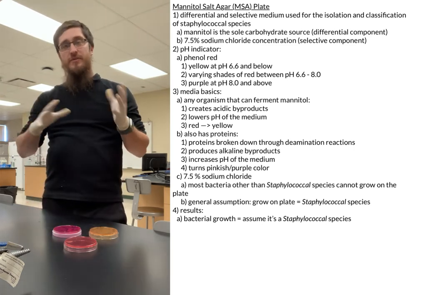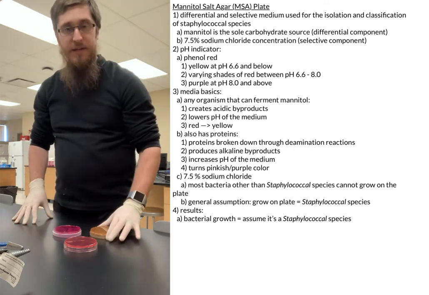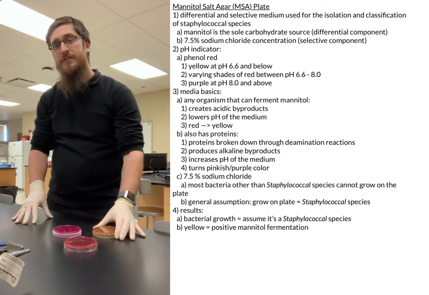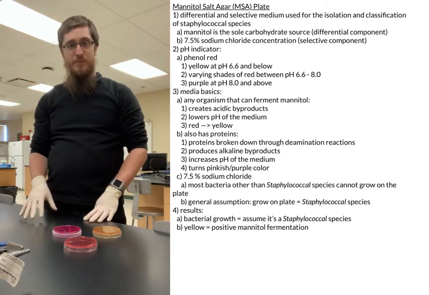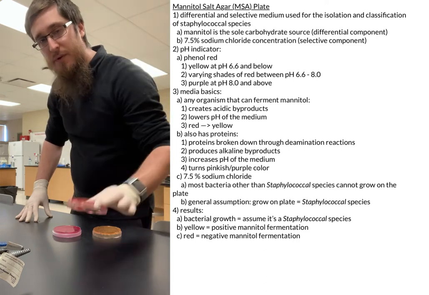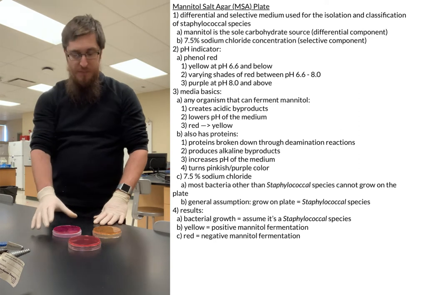Now let's go ahead and talk results in terms of our mannitol fermentation. If your plate is yellow after incubation, that is going to be a positive result for mannitol fermentation. If your plate is red after incubation, that is going to be a negative result for mannitol fermentation.